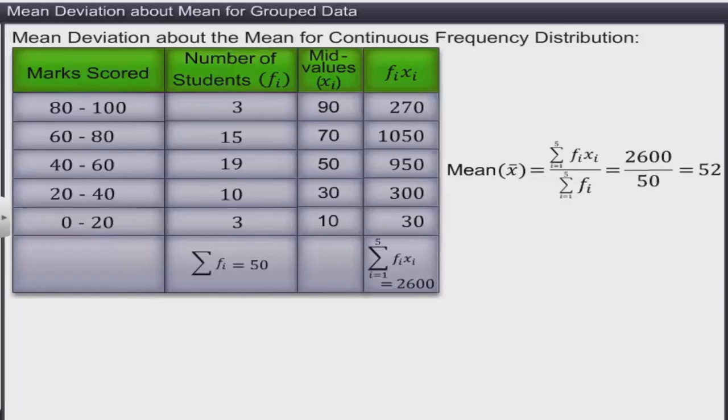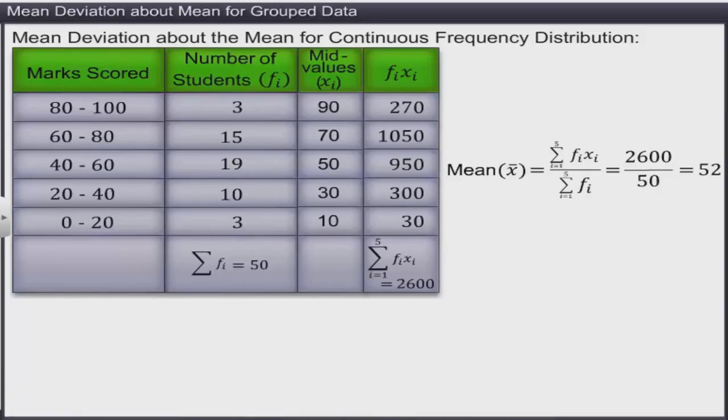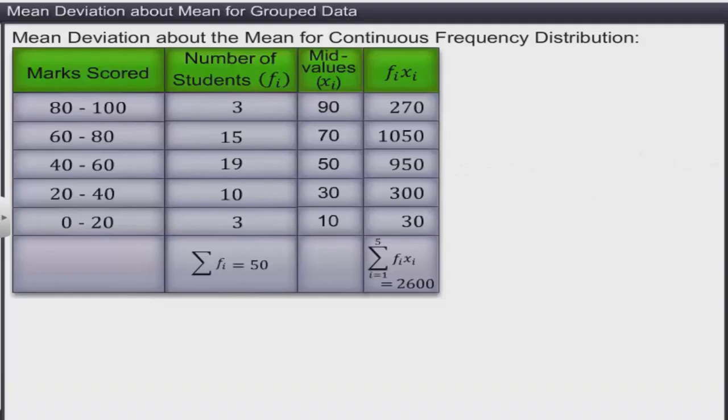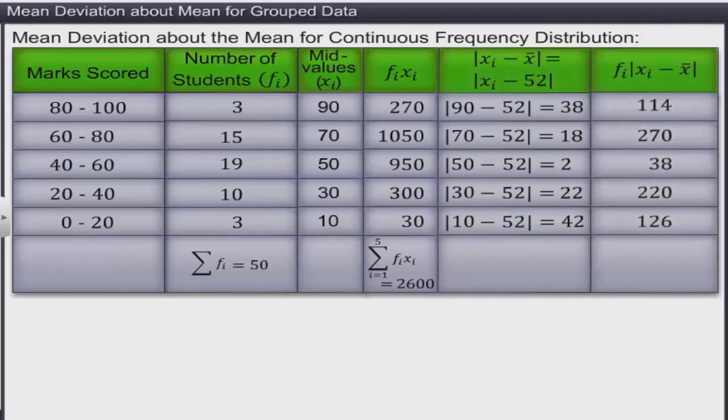If the number of observations is large, then the mathematical calculations may be tedious. In such cases, we can use the assumed mean method or the step deviation method to calculate the mean. Next, we'll find the modulus of the deviations of the mid-values from the mean. Now, find the product of the deviations with their respective frequencies.